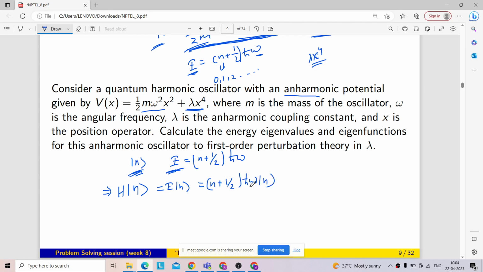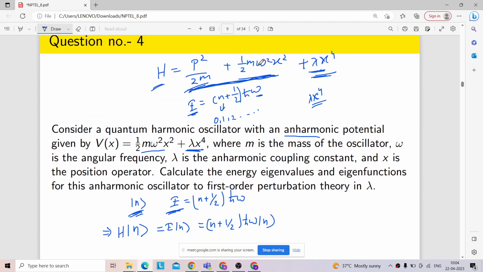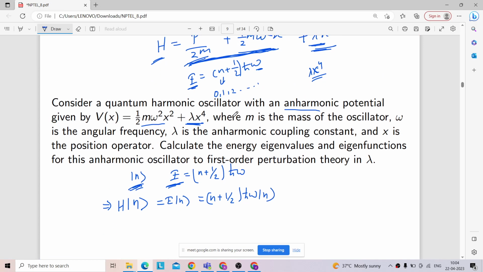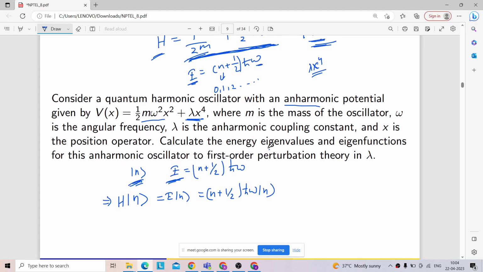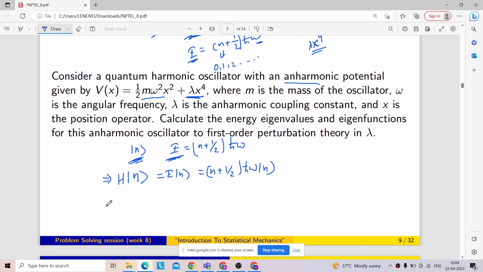Now this is up to the term half m omega square x square. Now we have an extra term, so it will be added as a perturbation. So we can take care of it independently as lambda x to the power 4 acting on this state |n>.